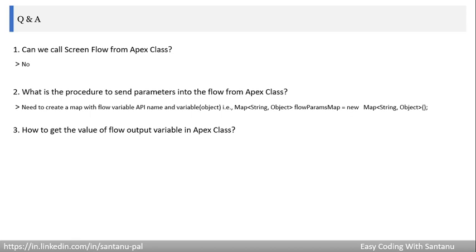And the last question is, how to get the value of a flow output variable in Apex class? This is String flowVariable, the flow variable API name, and then getVariableValue, the standard method, and in that method we pass the flow output variable API name. So we will get the respective value of the flow output variable in the Apex class.